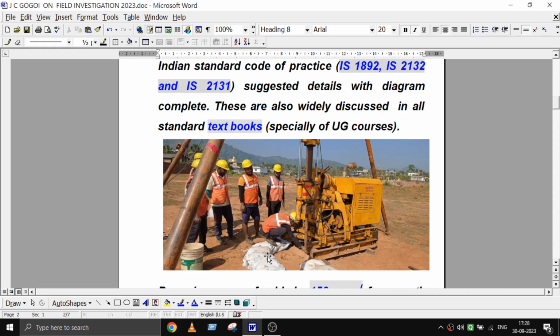At the same time, the vibration affects our soil up to a radius of half D, where D is the depth of boring.